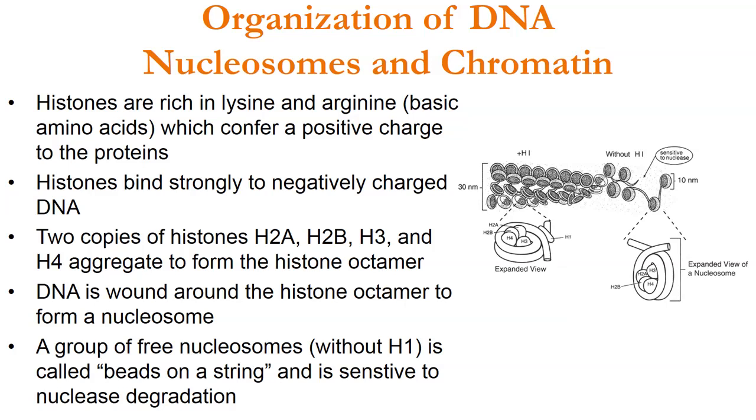At times when DNA is not being used, you want to have it highly packaged up. When it's being expressed or replicated, you want to expose it a little bit more. But you have to maintain a fine balance because that exposure also opens it up to damage.